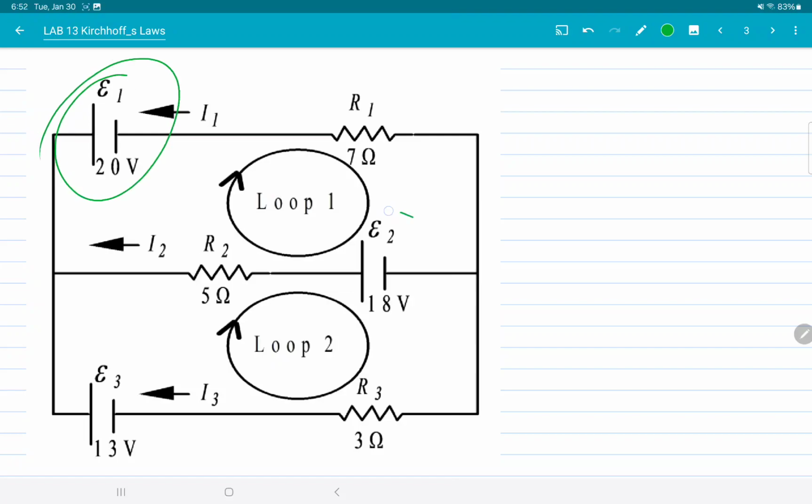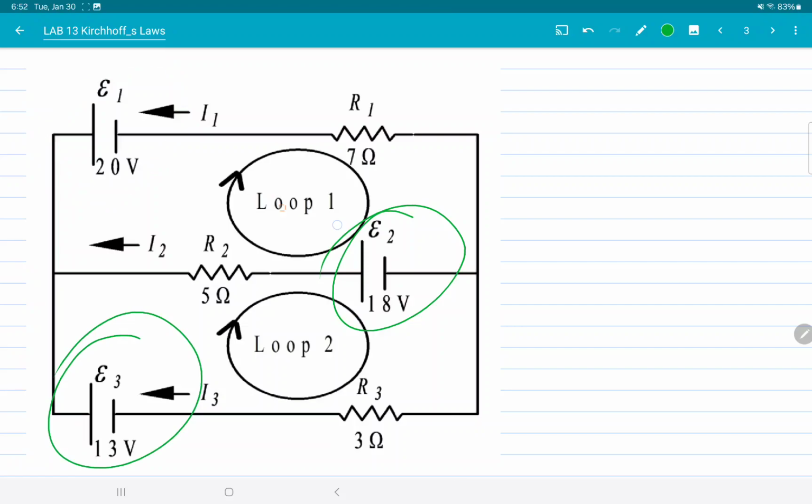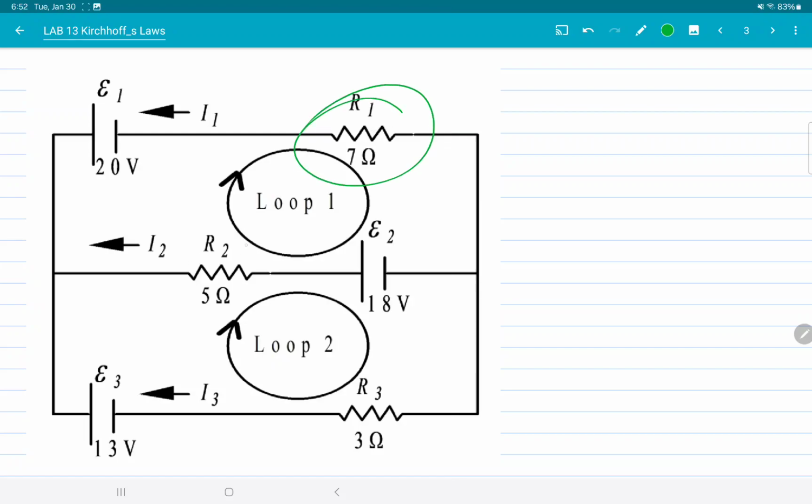We have 3 voltage sources, E1, E2, and E3. We have 3 resistors, R1, R2, and R3.